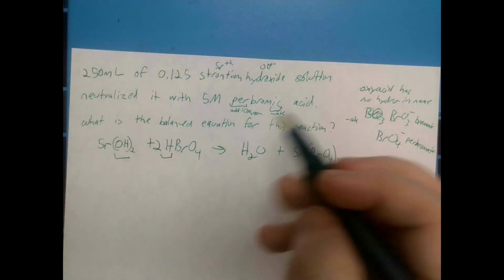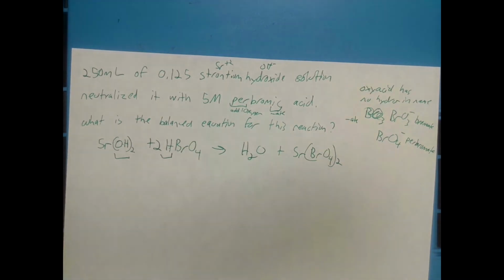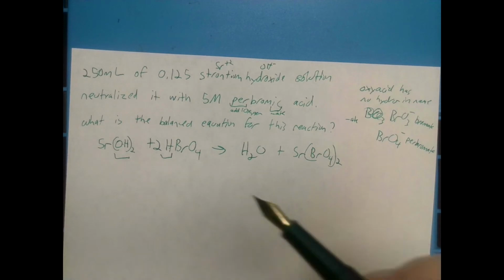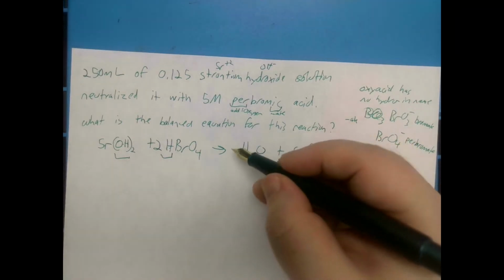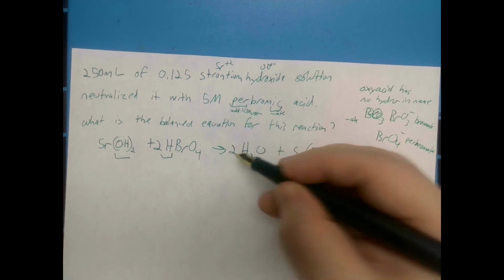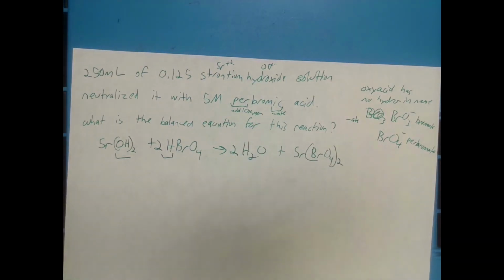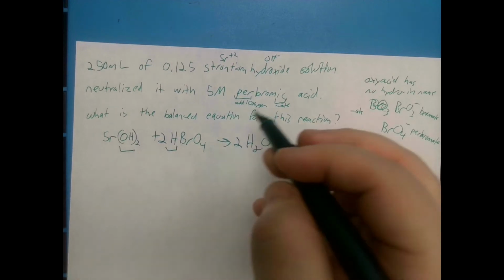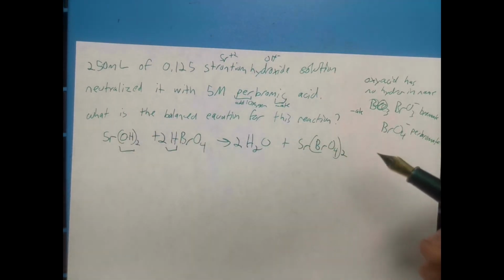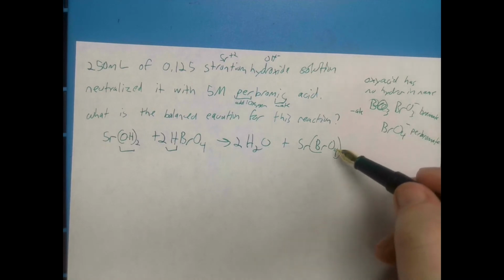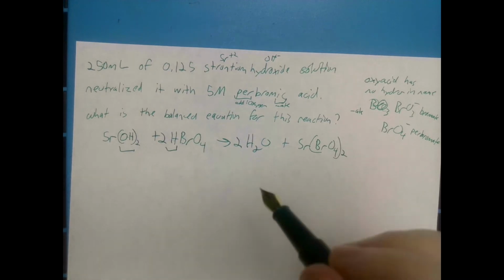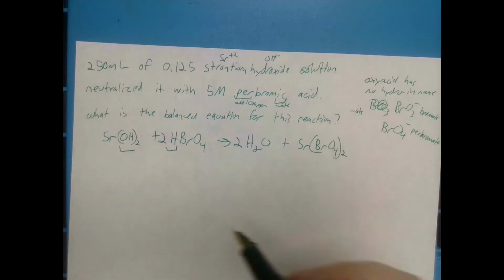So we have 4 hydrogen in total. We have 8, 9. So we need to double the amount of hydrogen. Let's see if that balances it. So that's 8 plus 2, that's 10 oxygen. 2 bromine, 1 strontium, so this is balanced.